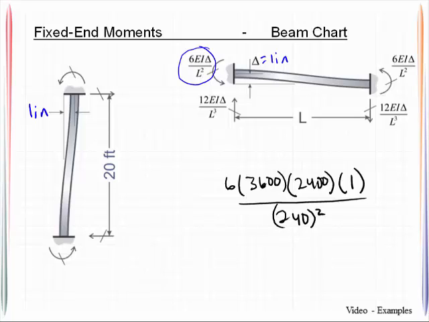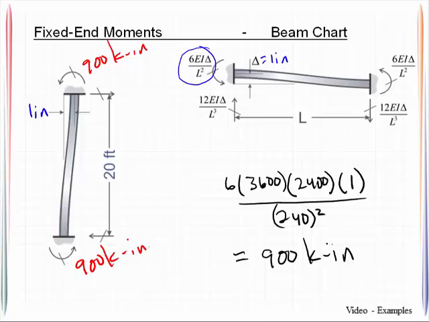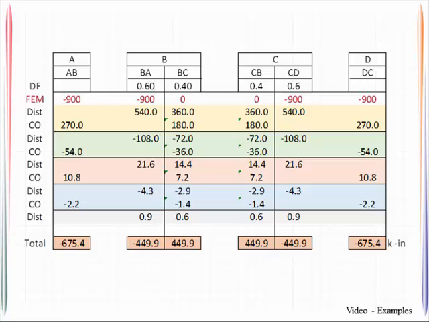Now I got a little bit lazy and didn't write all the units on there, but everything was put in units of kips and inches. Therefore, there is no confusion as to what the units are that are coming out. So I know that's 900 kip inches. And I can then analyze the structure using moment distribution.